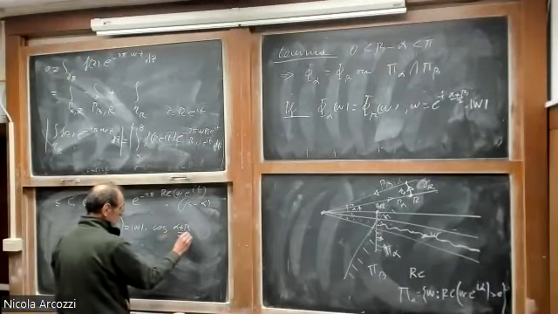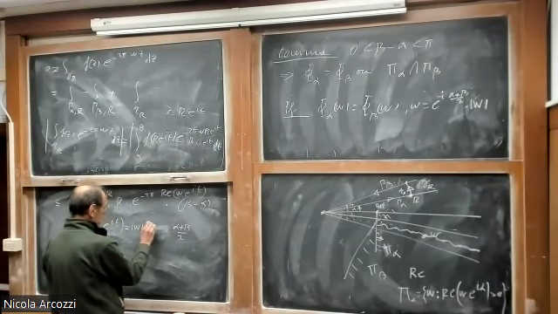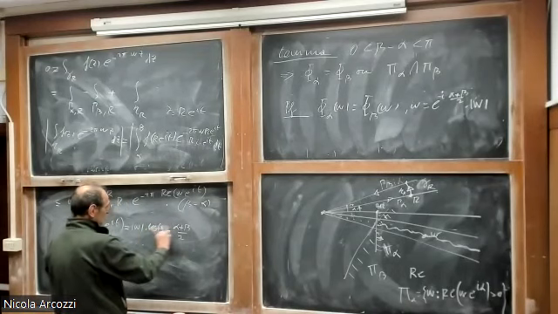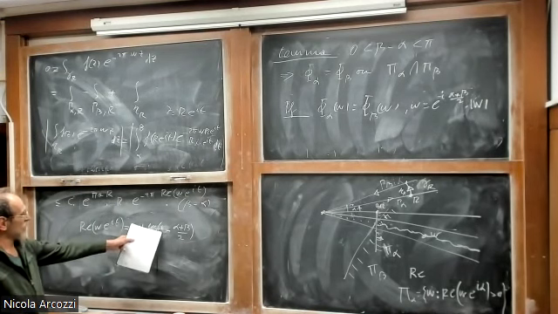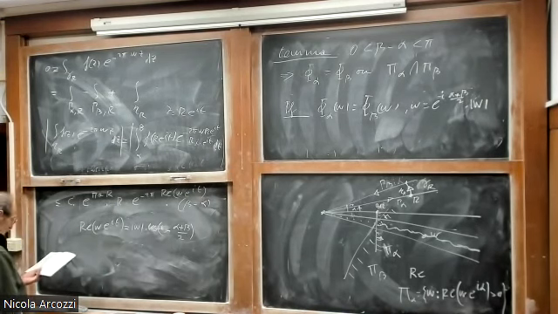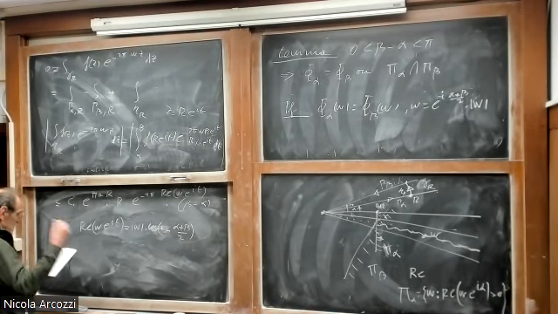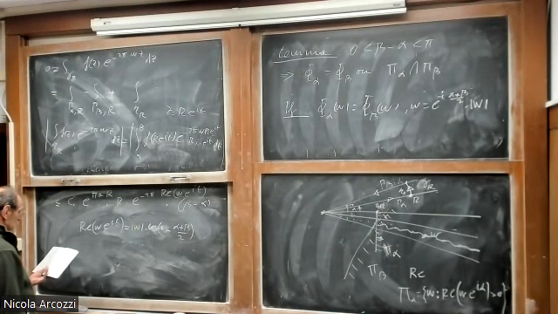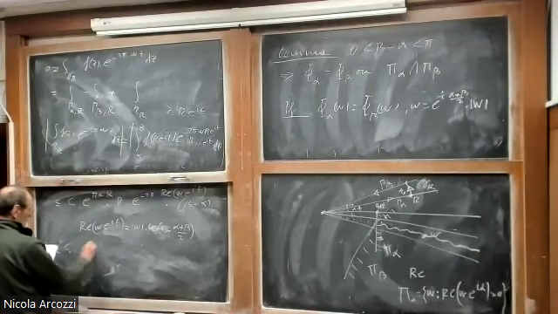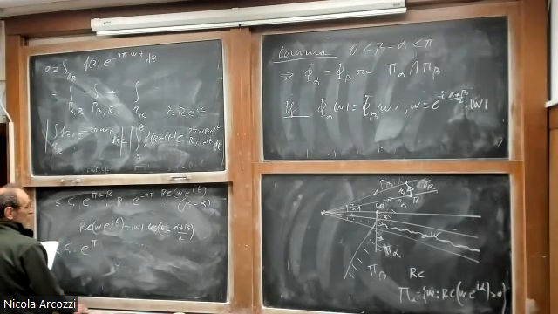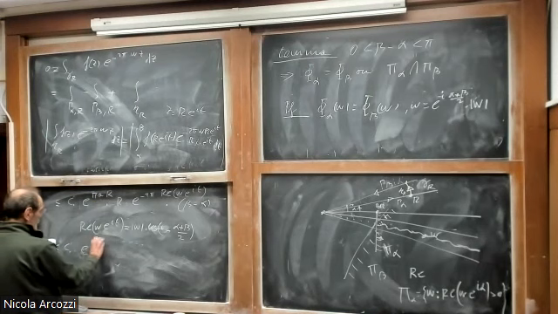T ranges between alpha and beta, so that's less or equal than, and so this is e to the pi a R.